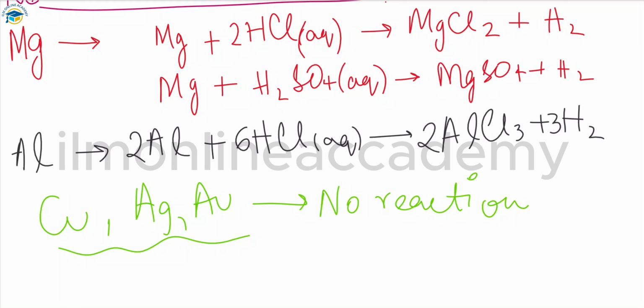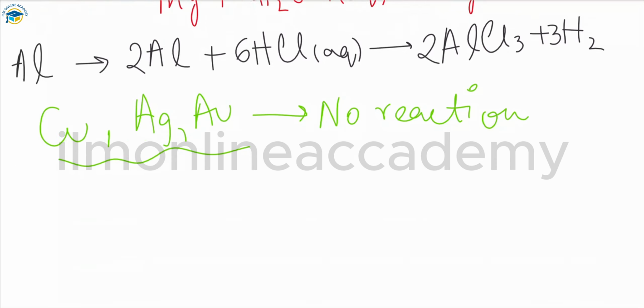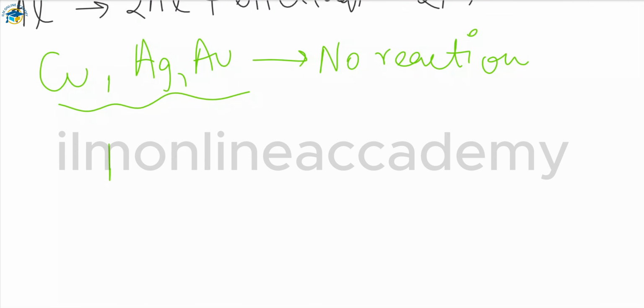We can also generate a general equation for the reaction with the acids. From the above reactions, you can summarize a general equation: metal plus acid, and when it reacts, they form a metal salt, like magnesium chloride, like magnesium sulfate.